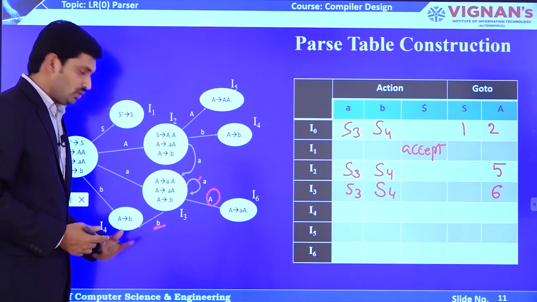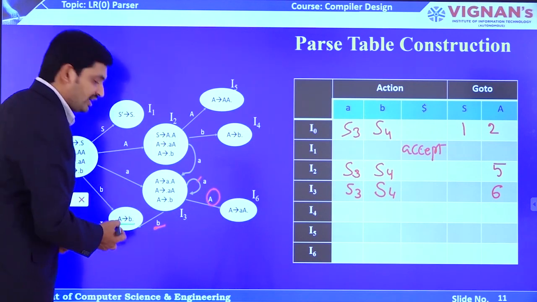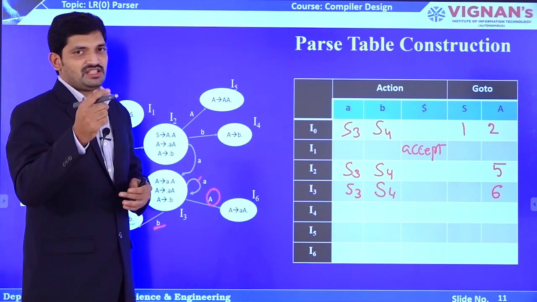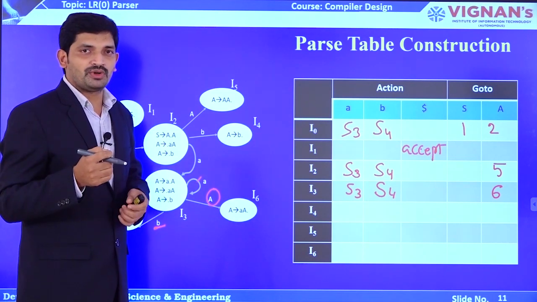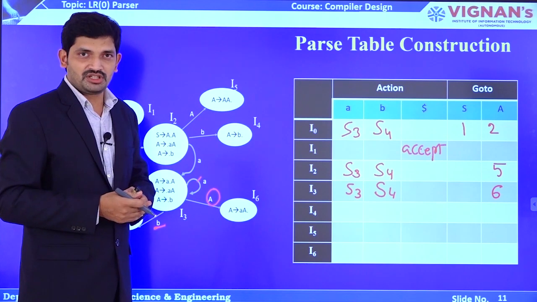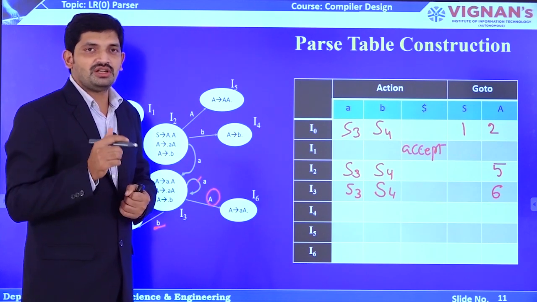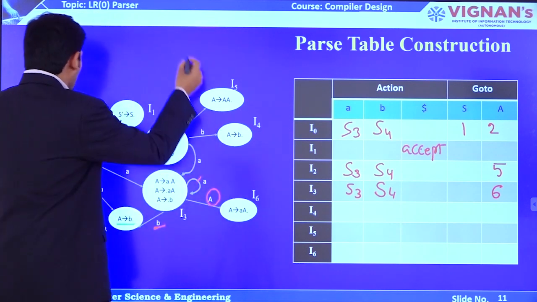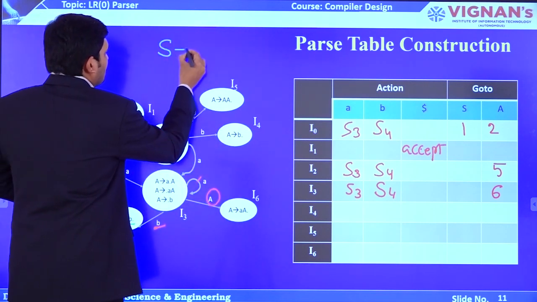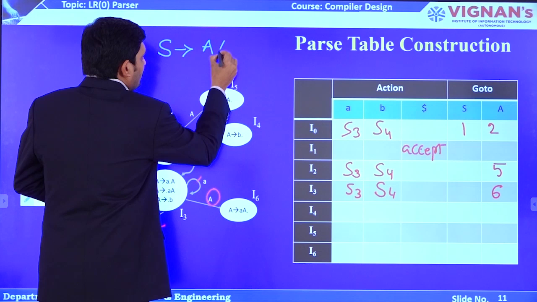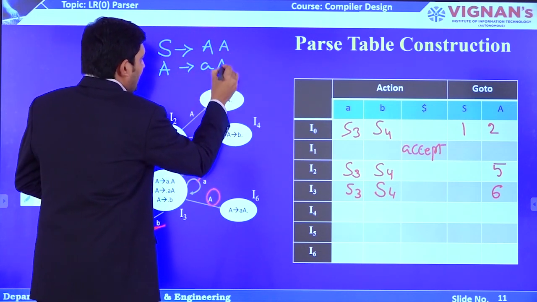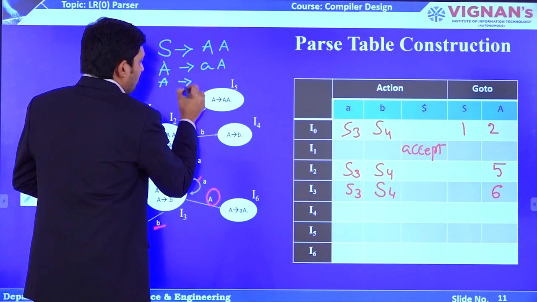Take this I4, which consists of a final item. As we discussed, if there is a final item, we have to perform the reduction operations. So how to perform the reduction operation? Here the given grammar is S tends to AA, capital A tends to small a capital A, and A tends to small b.